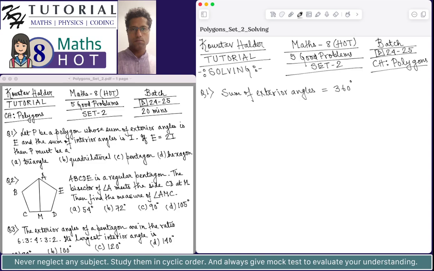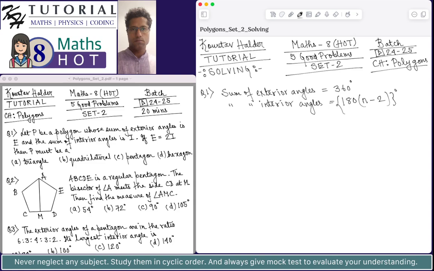And the sum of interior angles is equal to 180 multiplied by n minus 2, where n is the number of sides. This much degree is the sum of interior angles.